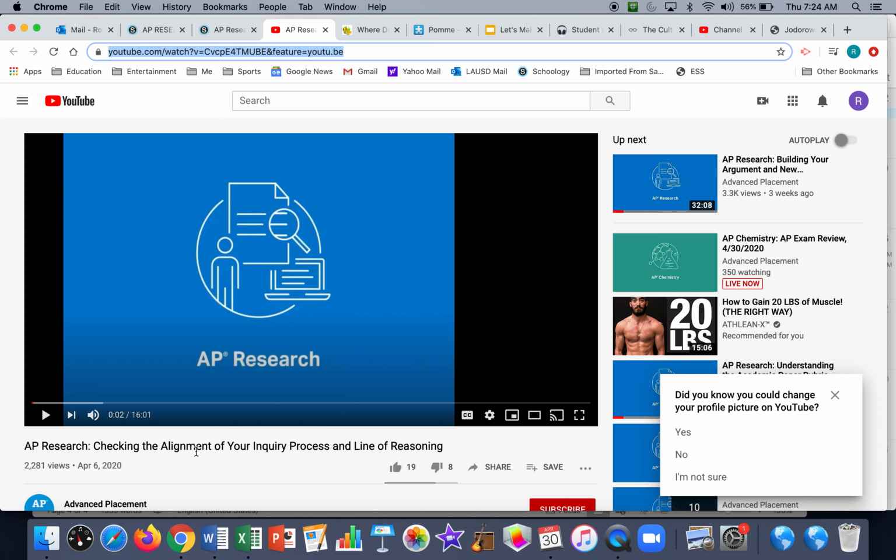So this one is on how your inquiry process, the method and whatnot, adapted. And remember, capital R Research and lowercase r research are the difference between a 2 and a 3. Is your research replicable?